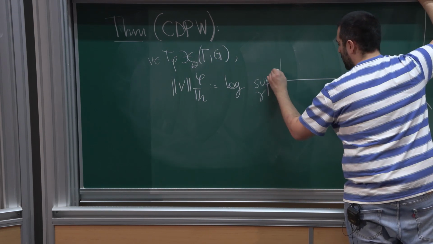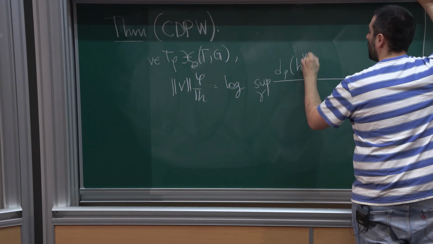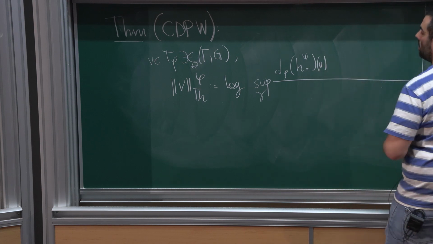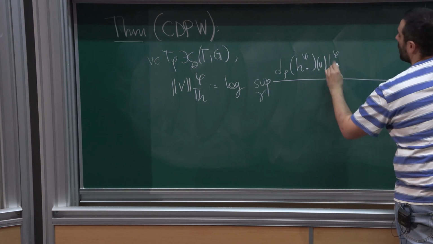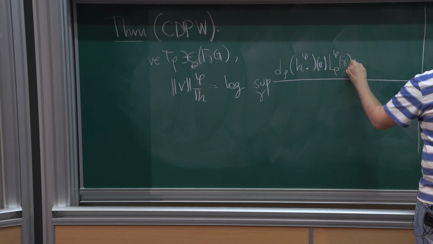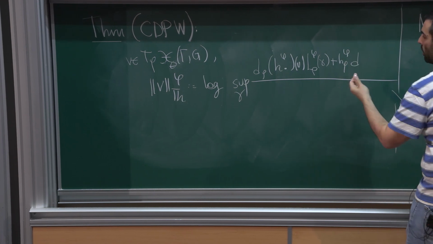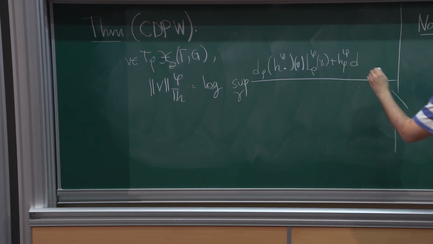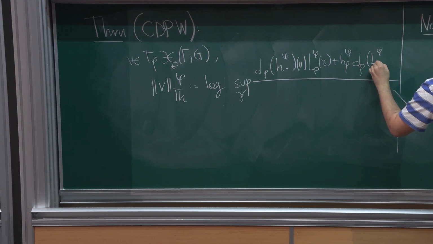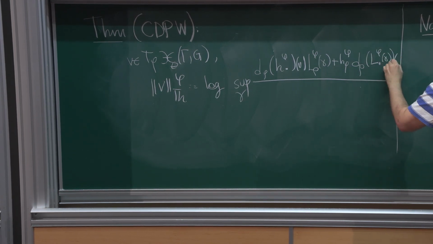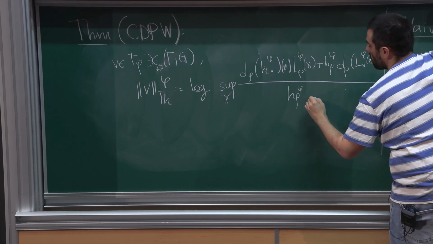So this will be the derivative at rho of the entropy evaluated at the vector times the length of gamma, plus entropy times the derivative. I mean, it's really the rule of the derivative of the product, right?